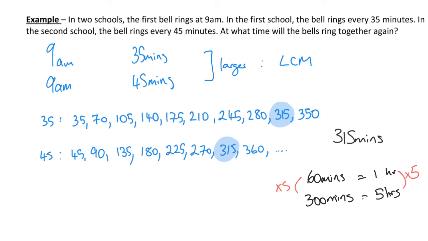And then 315 minutes is going to be 5 hours and 15 minutes. So if the bells rang together at 9 a.m., 5 hours and 15 minutes later will take us up to 2:15 p.m.